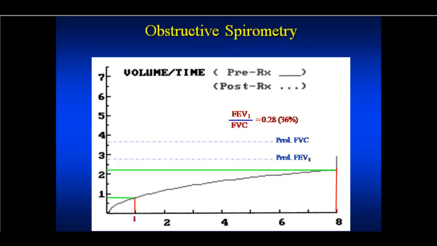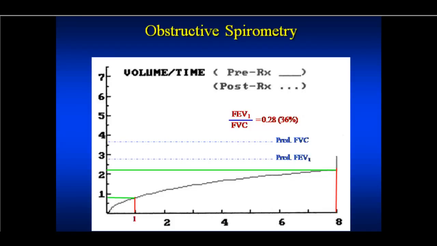In most tests, people are going to start coughing or they get tired and they stop. By American Thoracic Society criteria, you need to exhale at least 6 seconds to have a valid test. All right? But if this gentleman could keep exhaling, and I've seen people exhale for almost 30 seconds if they have enough stamina, you carry this line out through the screen and out of this room, they may reach that predicted FVC if they're able to empty out all the air. But typically we don't see that, because we don't have a plateau here.